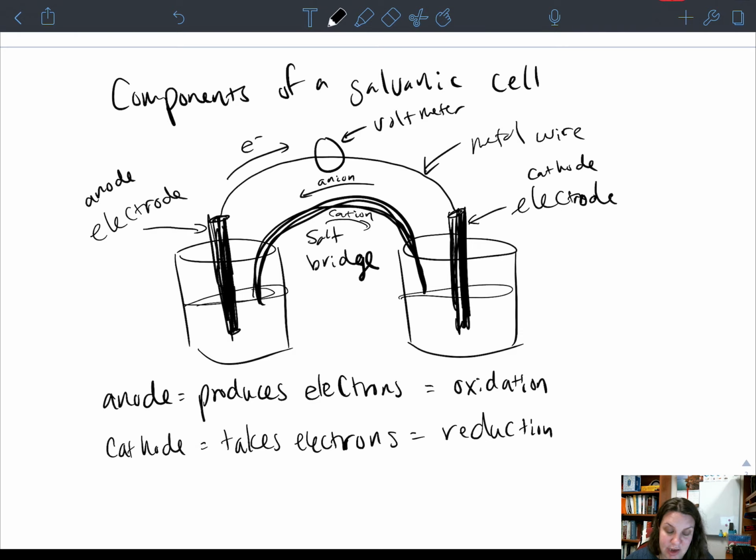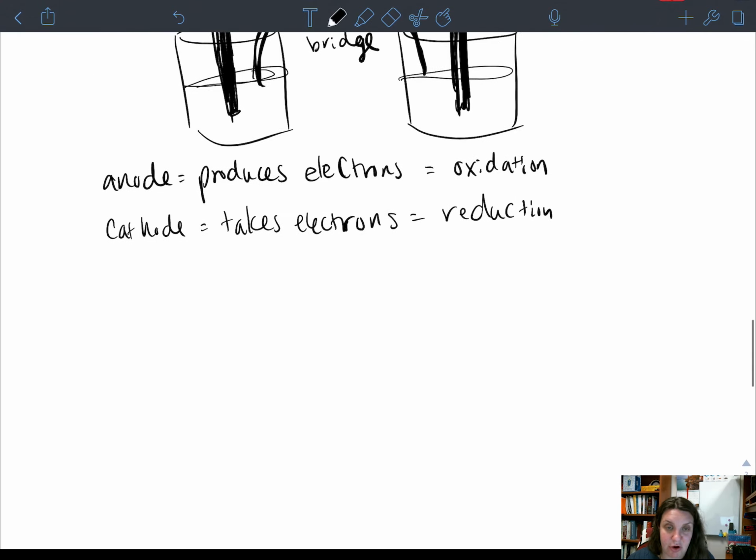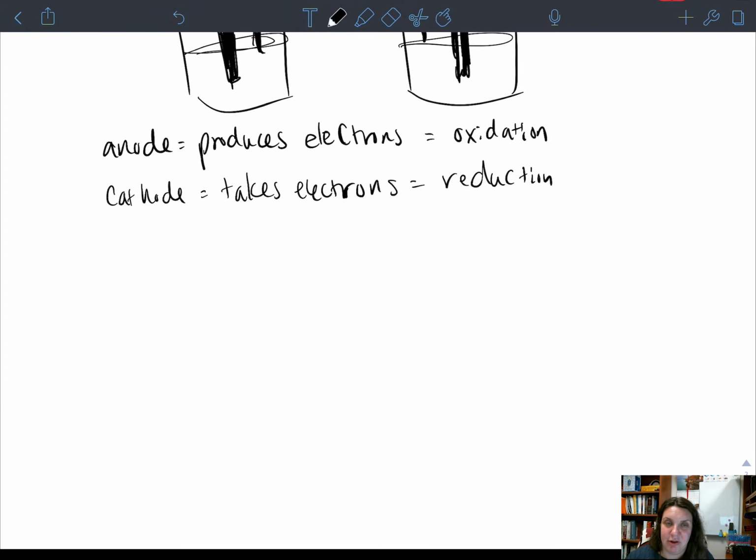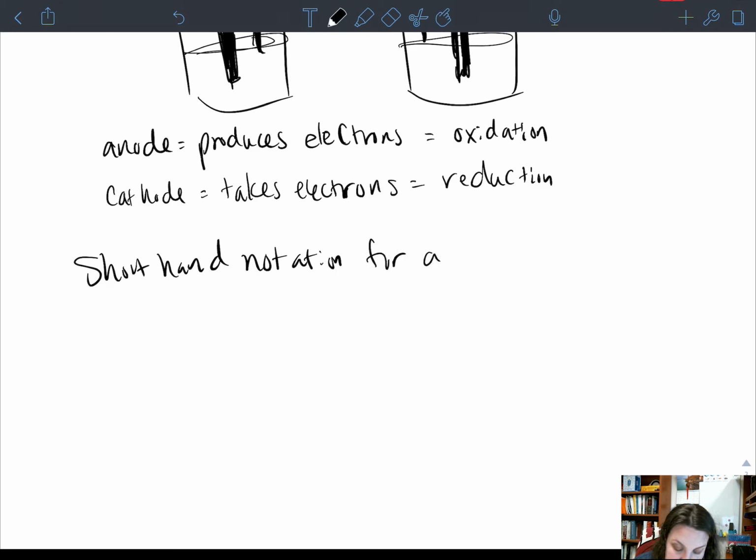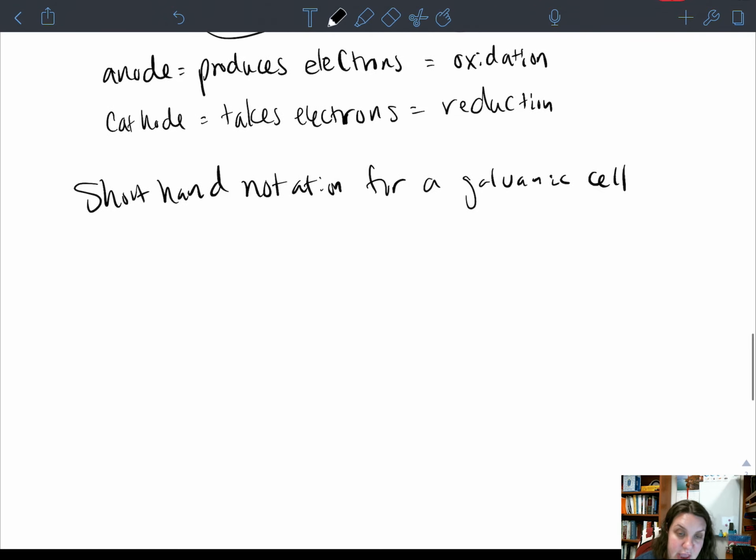We can also take basically the same idea and add energy in there to produce our electrolytic cell. It's a little bit more complicated than that. We're going to look at what's called shorthand notation for a galvanic cell. So we have the anode, then the salt bridge, then the cathode.